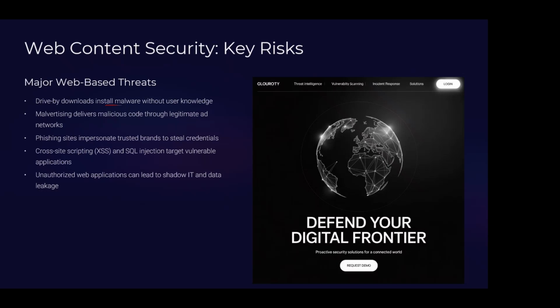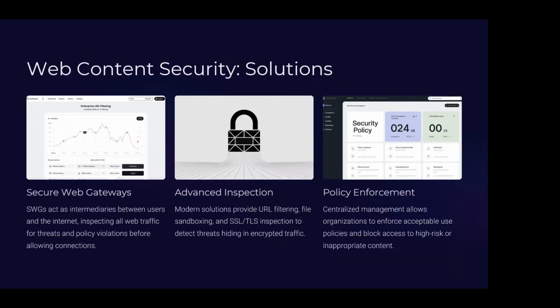Web content security systems provide secure web access, content security, and threat mitigation for web services to help the businesses, acting as a web proxy for the web traffic, HTTP and HTTPS traffic. Web content security works to protect the traffic, that is HTTP, HTTPS, which provides secure web gateway, advanced inspection, and policy enforcement.